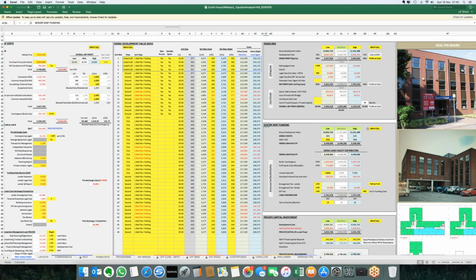So on that subject, senior debt lending, this is a front-end dashboard. It disappears behind the scenes into one of the tabs and starts calculating interest, etc. But this is a place where we pop all of the information in terms of the term sheet from the lender. So they generally give us information around maximum loan to value, maximum loan to gross development value, what their interest rate is, arrangement fees.